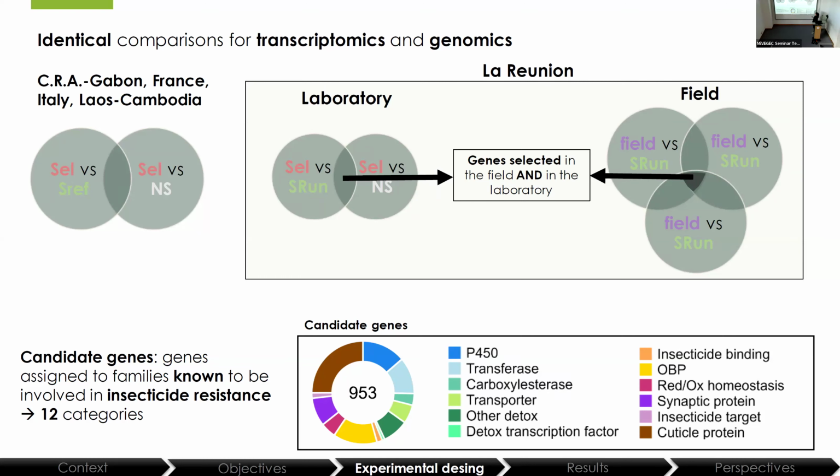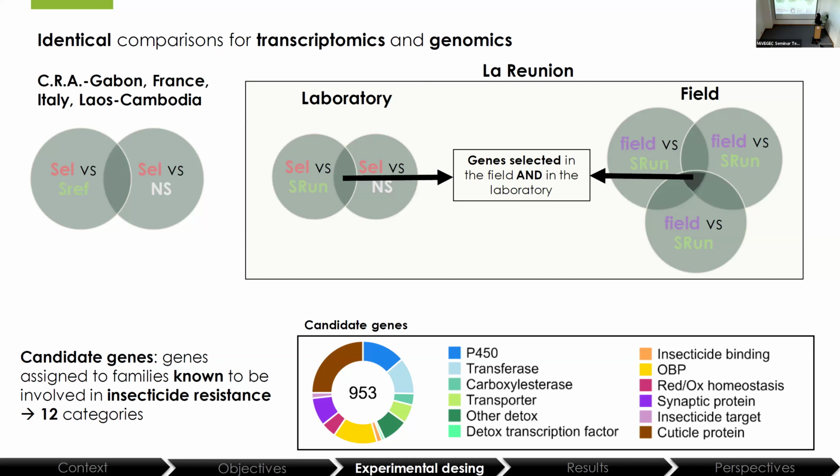And for La Réunion Island, it's the same thing, but we use only SRN as a susceptible reference line because it's originating from La Réunion. And we also use the field population, which we compare to SRN.